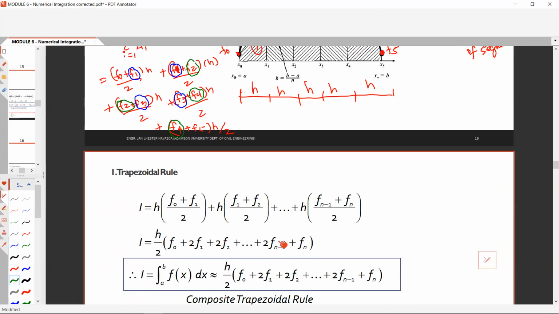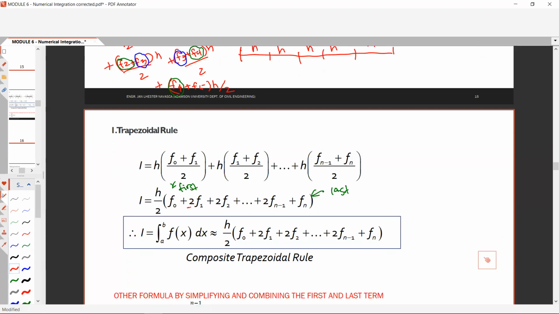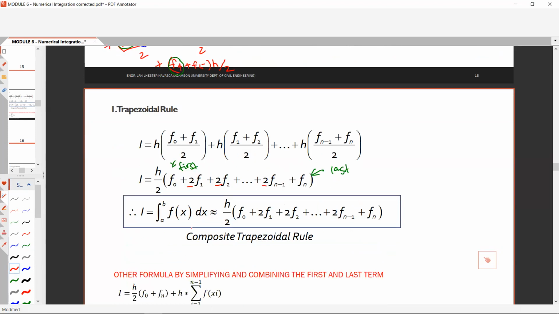This is the first term and this is the last term. Anything in between the first and last term has a multiplier of 2. That's the formula for the trapezoidal rule.